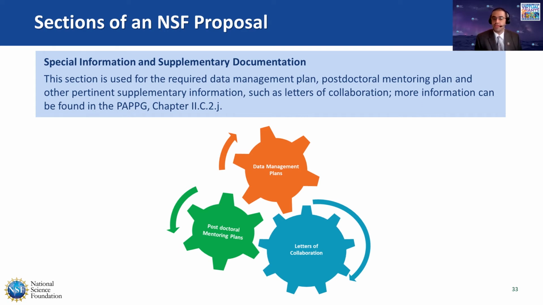I think that every solicitation would refer to the PAPG, for example, for the data management plan or for the postdoctoral mentoring plan, and many of them would refer directly to it for the letters of collaboration. However, in addition to these specific supplementary documents that you would see in almost every proposal, some solicitations may include additional requirements. So in addition to the PAPG, it's very important to look at the specific solicitation to understand what other documents are expected when you submit.